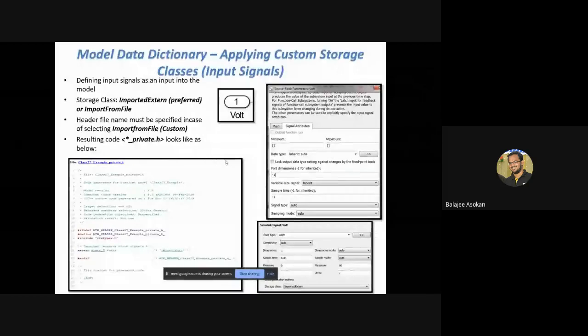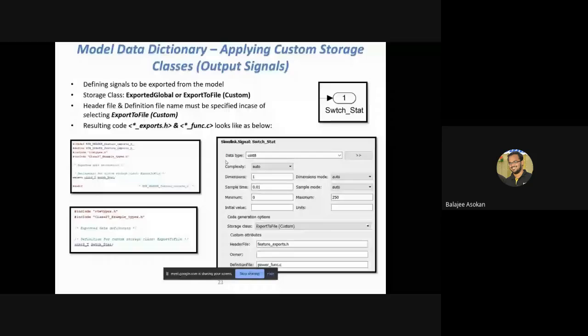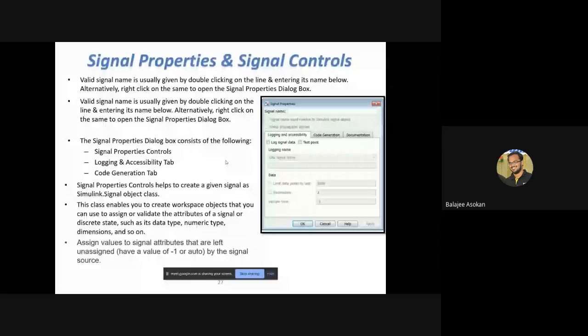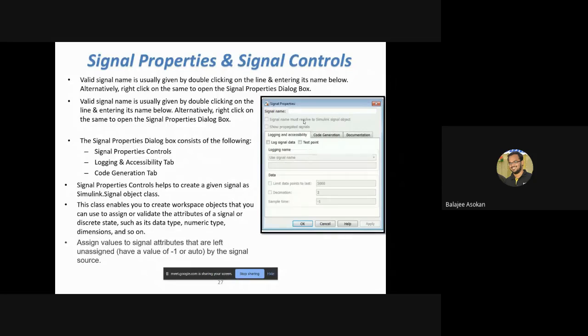To take care of these things, we go for these port property checks and displaying the signal names. This is what I was talking about: signal name must resolve to Simulink signal object. So I have to select that signal and enable this property. This is for all the input signals at the top level in the model.